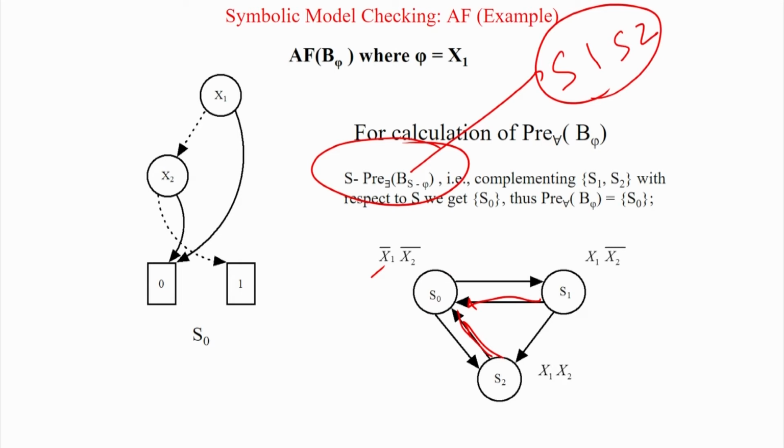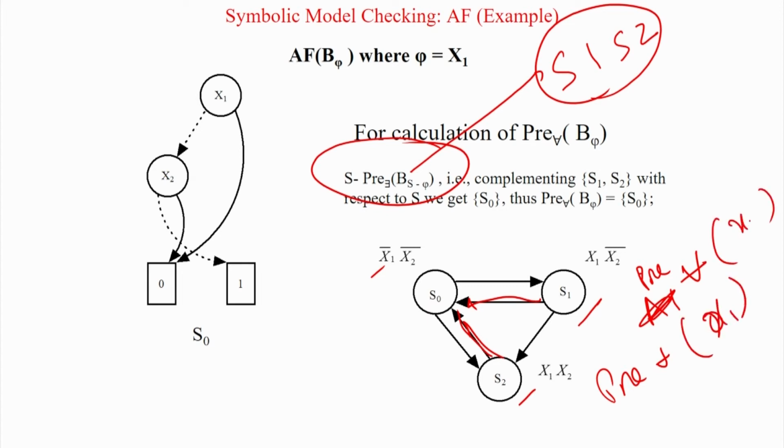That means, obviously, these two states cannot satisfy the formula pre for all of your phi, that is x1, because there will be at least one transition, in this case to S0, where it is false. So these two states will not satisfy your clause pre for all x1, and they will be eliminated.